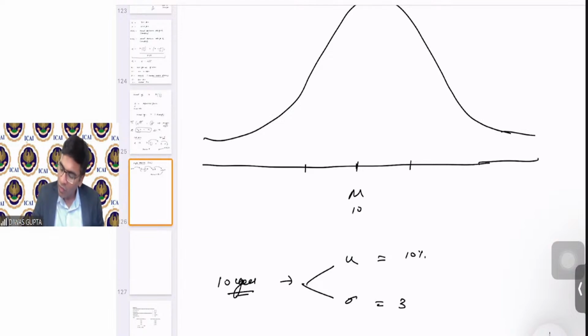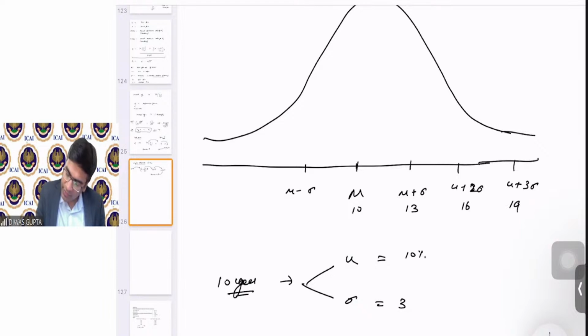What if I keep on adding the standard deviation, let's say mean plus 2 times the standard deviation, then mean plus 3 times? I will reach 13, then 16, and 19. Similarly, here will be mean minus standard deviation, which is 7, then mean minus 2 times the standard deviation, which is 4, then 1.